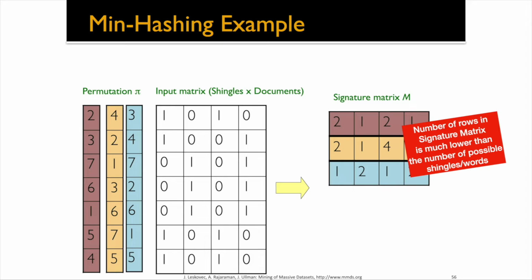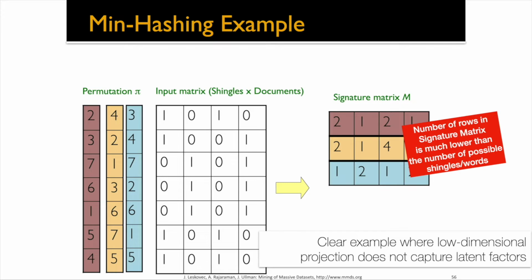because we claim that the rows in this signature matrix tell us something about this data, or tell us something about similarity in the input matrix, and the number of rows in our signature matrix is much, much lower than the number of rows in our input matrix. And here it's actually a really good example of where these lower dimensions, the signature matrix, doesn't really capture this idea of some latent factor or some interpretable latent space like ideology or genre or product category.